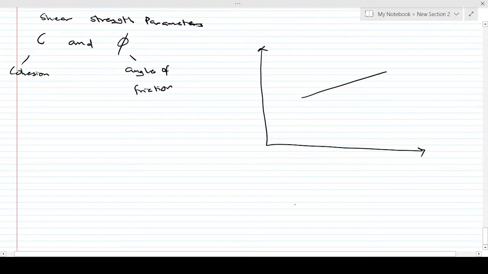Then we'll name this side normal stress, with values 10, 20, 30, 40, 50. Again, let me say 10, 20, 30, 40.